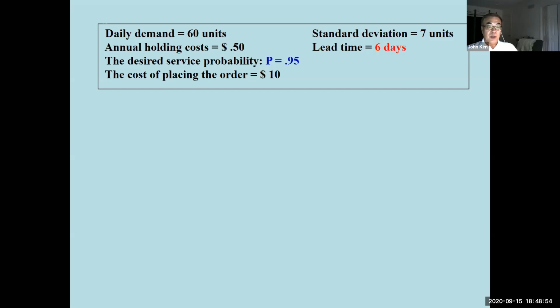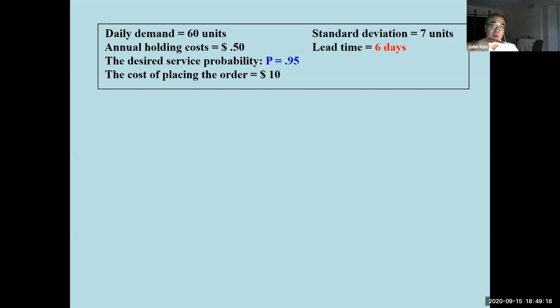So to increase service probability, they need more inventory. If the inventory level is low, that means the order quantity is low, then service probability, service level is low.